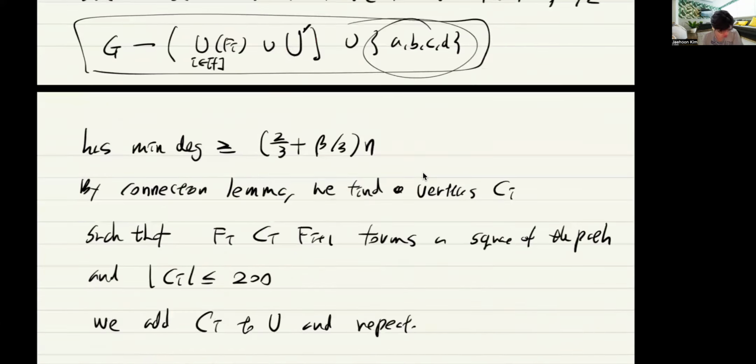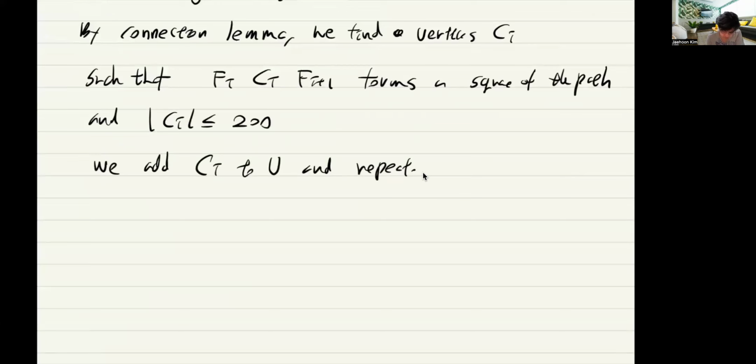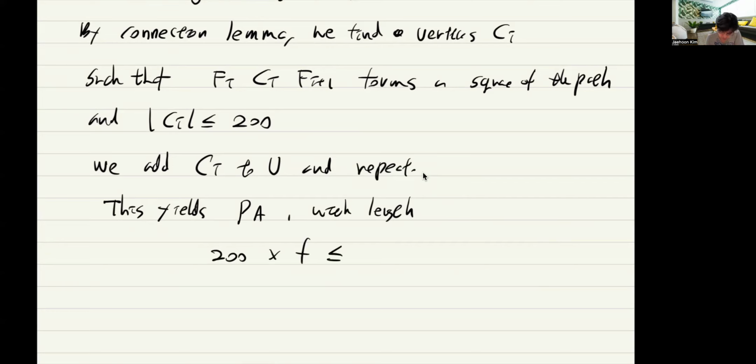And then after doing this, it gives a desired path with length at most 200 times F, which is like 200 times 2 times beta to the 14 times n, which is more than beta to the 10 times n.